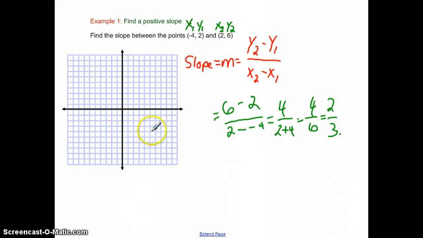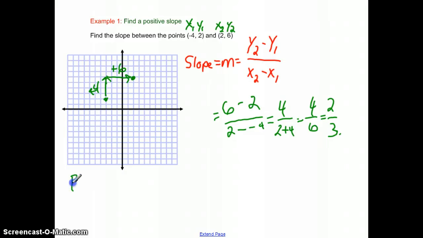Okay. If we graph this, -4 and 2, you can put a point right there. 2 and 6, you can put right there. We can also do rise over run between here. So if we go from one point to the other, let's say we start here, we have to go up 4, so that's +4, and we have to go to the right 6 spaces, so that's +6.